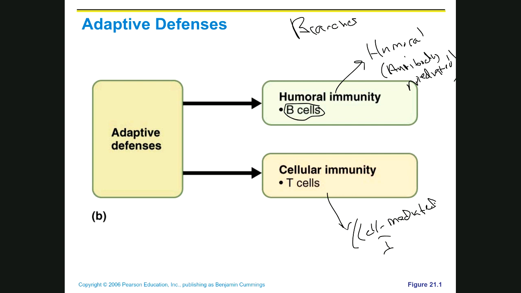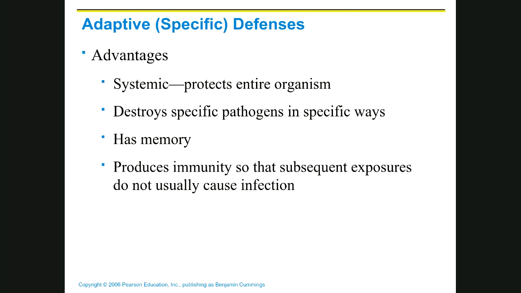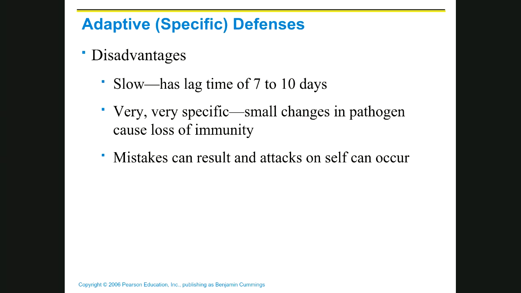So this branch has cells that are actively involved, and this is controlled by T cells. So two branches: humoral, which is also called antibody-mediated, and cellular, which is also called cell-mediated. And we're going to look at each one of these, and we're going to spend a lot of time talking about each one. Any questions to this point?